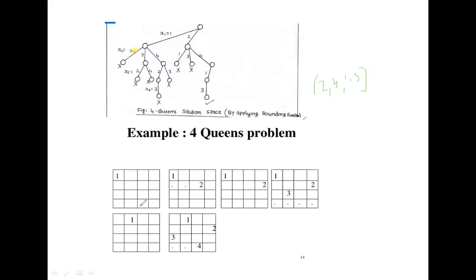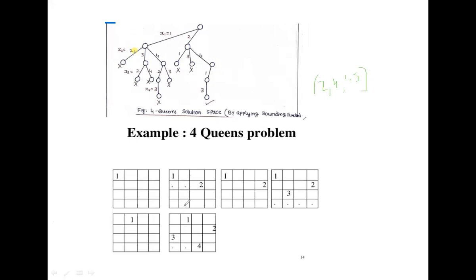See here in this diagram, I am representing it in tabular form. First I place 1 here, then I place 2 here, then we cannot place Queen 3 here, here, or here.